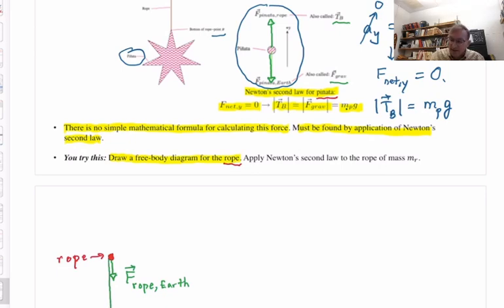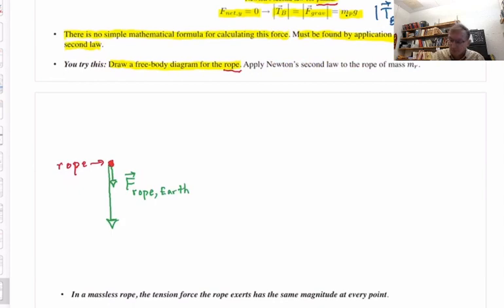Let me give myself a little more room here, and slide that up. And I'm going to label that F rope, comma, piñata. That's the force on the rope due to the piñata, and the piñata is pulling down on the rope.